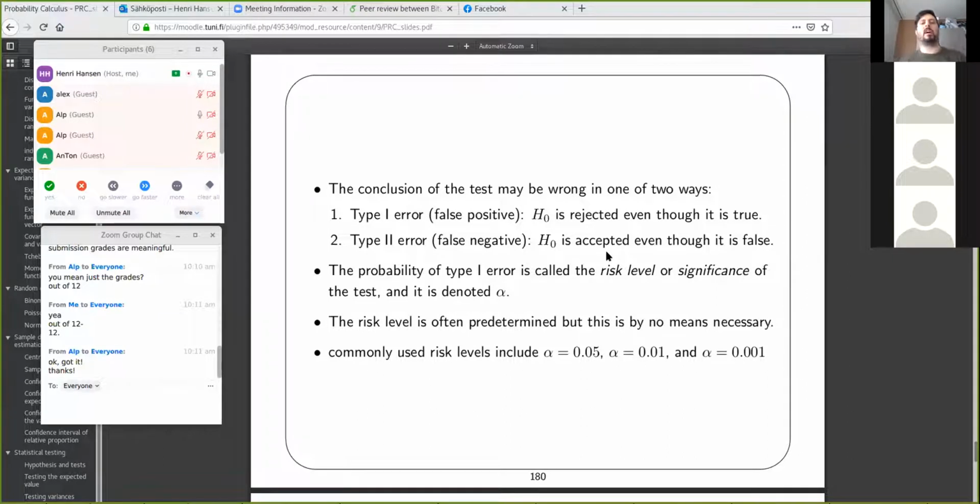We call the first the type 1 error, which is called a false positive. This means that your null hypothesis is rejected and the alternative hypothesis is accepted, even though your null hypothesis is true. This is the sort of error that we can control, because we know all the assumptions related to the null hypothesis.